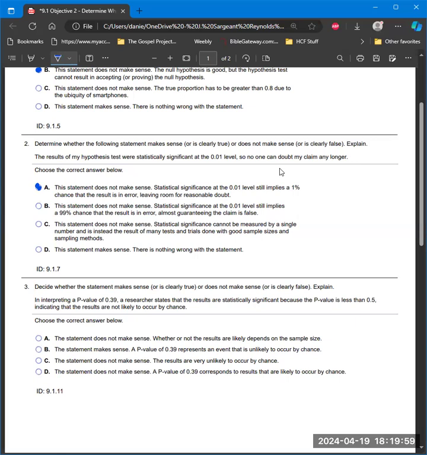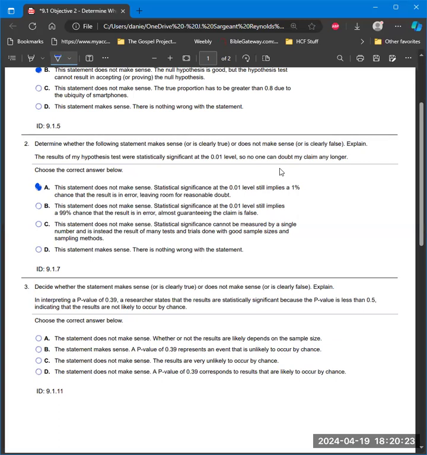In interpreting the capital P-value of 0.39 or 0.3900, because we usually look at it as 4 digits, a researcher states that the results are statistically significant because the p-value is less than 0.5, indicating that the results are not likely to occur by chance.